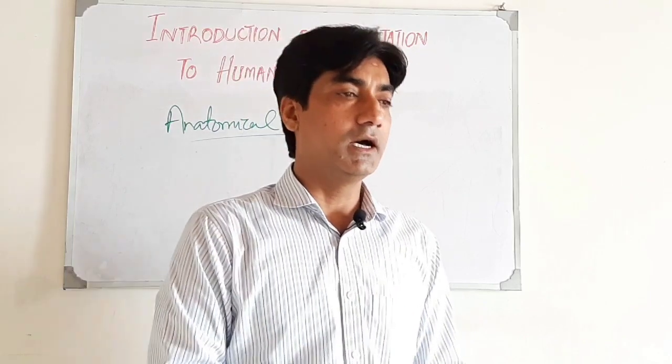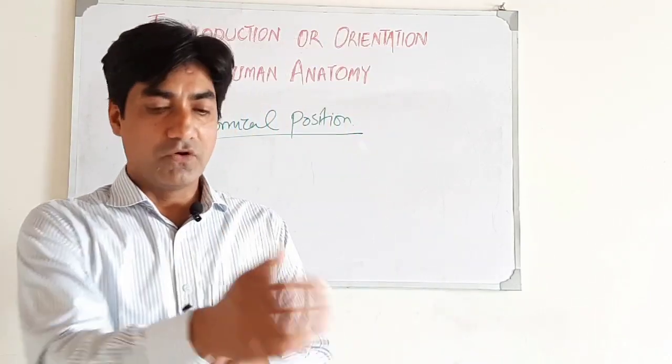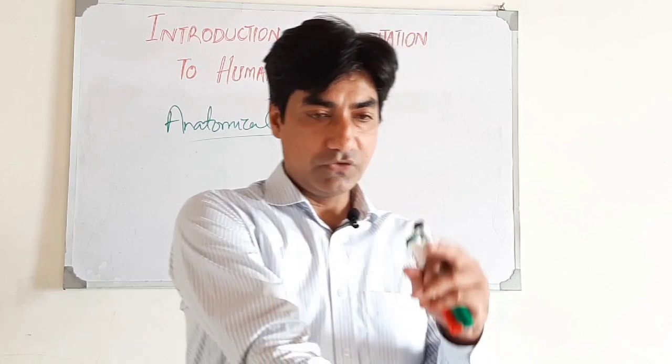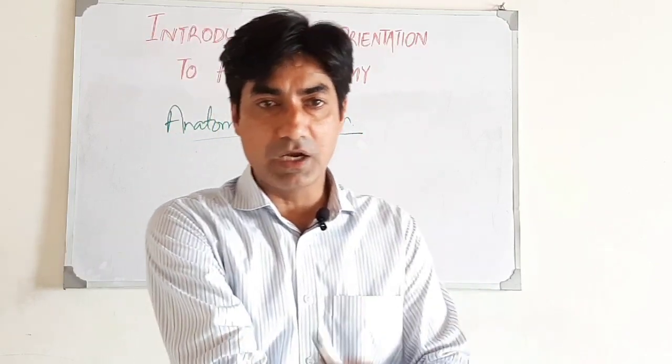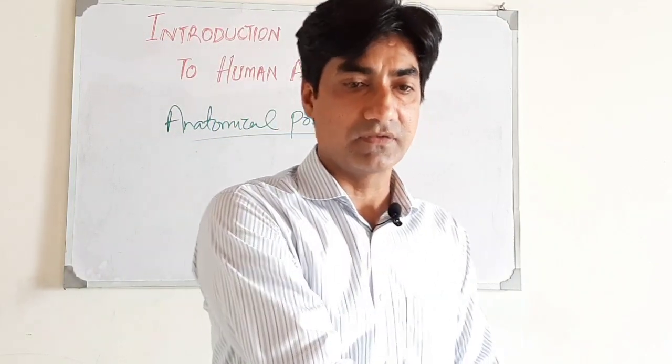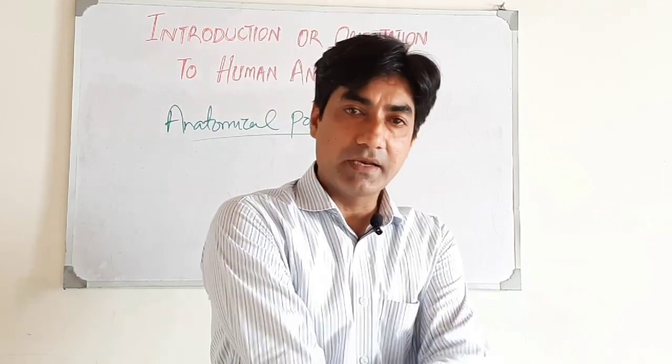When we see the structure of the forearm, these two bones, ulna and radius, are parallel to each other. In supine position, when the palm faces upward, the radius is lateral to the ulna.